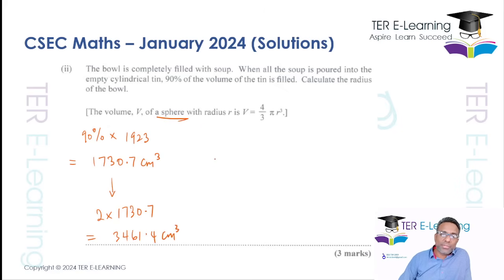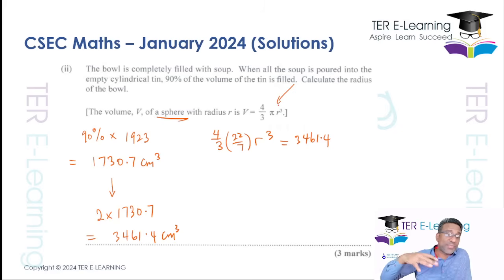So you could say 4 over 3, pi is 22 over 7, multiplied by r cubed, and that should equal 3461.4. The reason why I multiply by 2 here is because this formula is the formula to find the volume of a whole sphere.